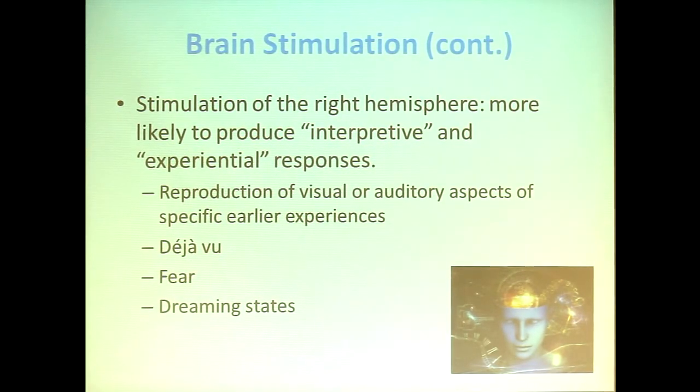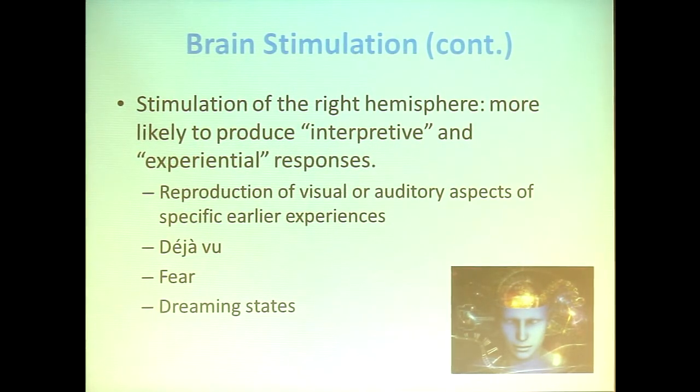Now, stimulation of the right hemisphere is more likely to produce interpretive and experiential responses. You can imagine if you stimulate the left side, you'll have more verbal responses. But the question was, what happens if you stimulate the right side? Well, as I said, you have more interpretive and experiential responses. For example, reproduction of visual or auditory aspects of specific earlier experiences.